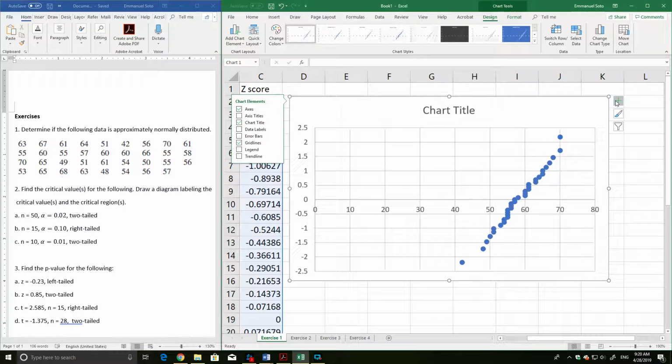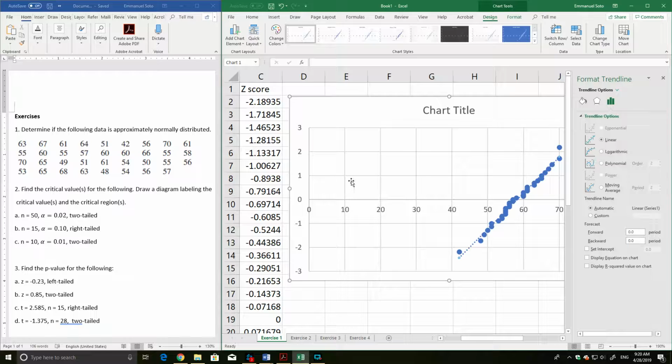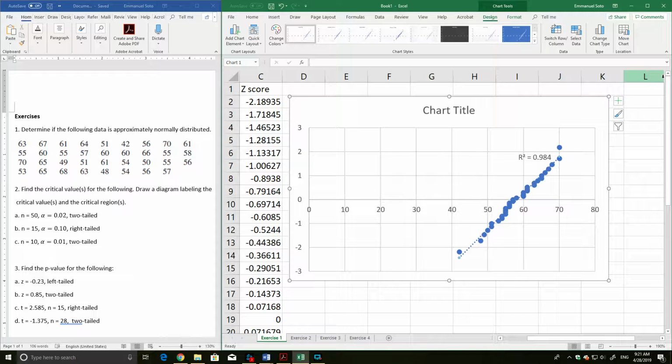You should see a table pop up on the right, and you want to select display R squared value. Make sure that linear is selected for the trend line because you want to see if it follows a straight line. You can exit out of this, and you should get a nice little trend line.